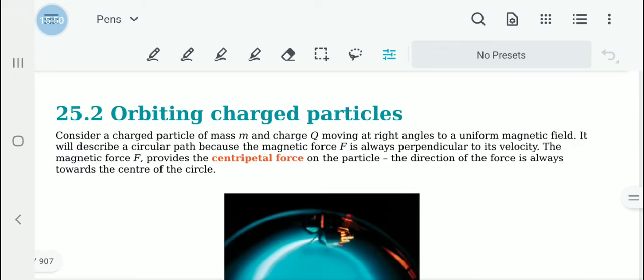A charged particle of mass m and charge q moving at right angles to a uniform magnetic field would describe a circular path because magnetic force F is always perpendicular to its velocity.